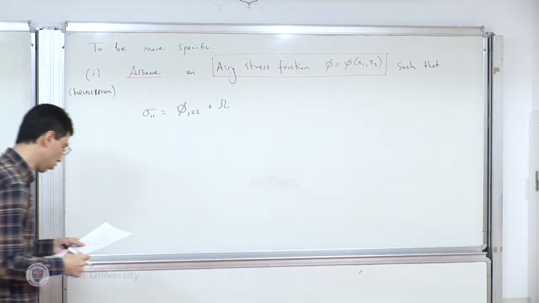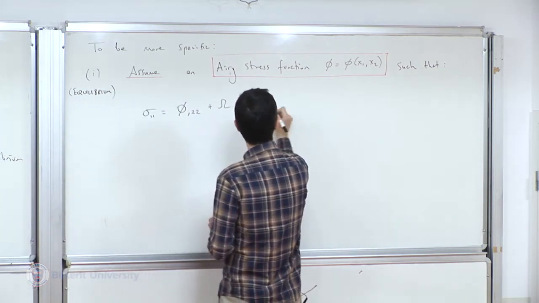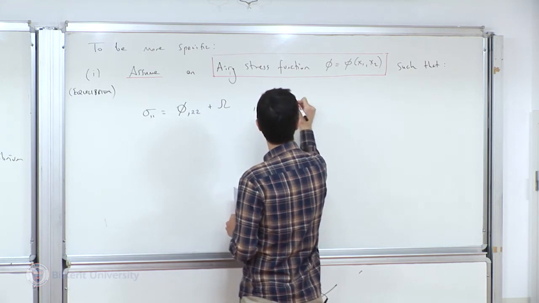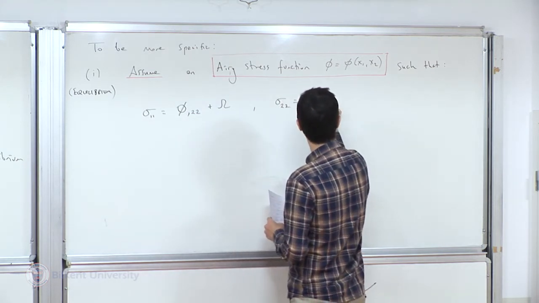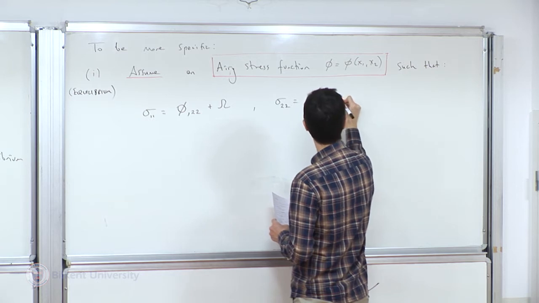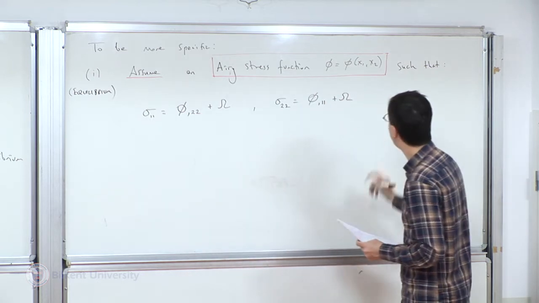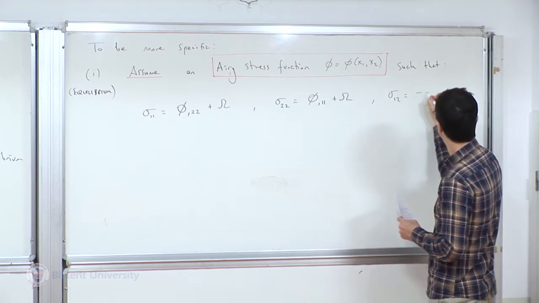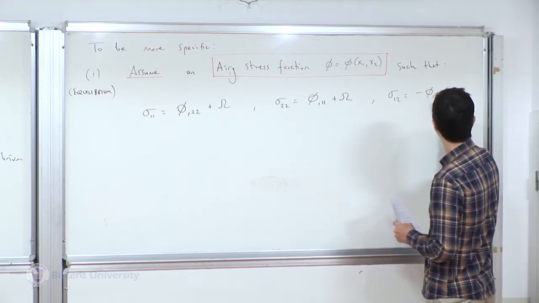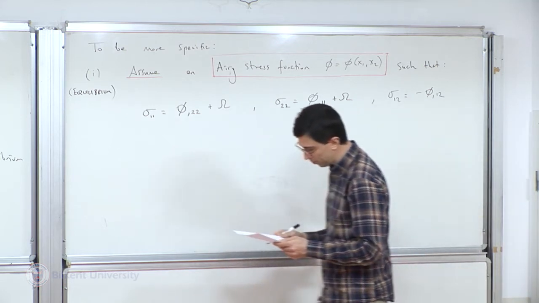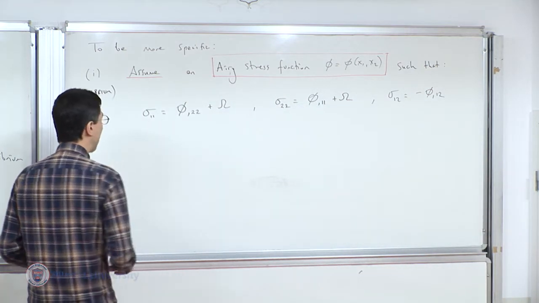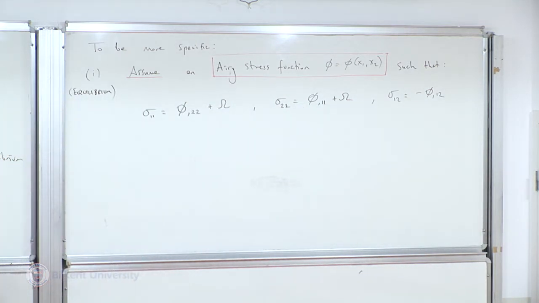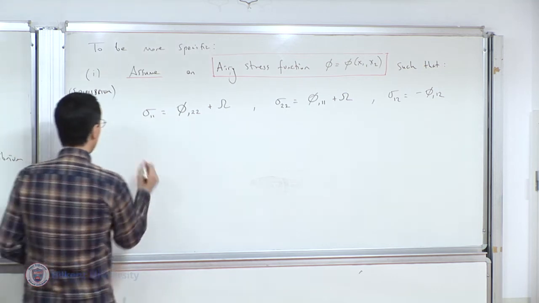I'll tell you what it is shortly. And sigma 22 is phi,11 plus capital omega. And the shear stress is found by minus phi,12.